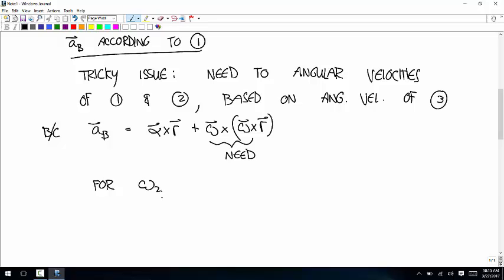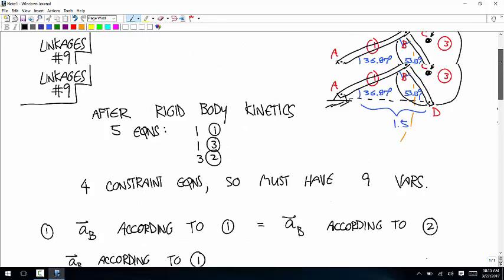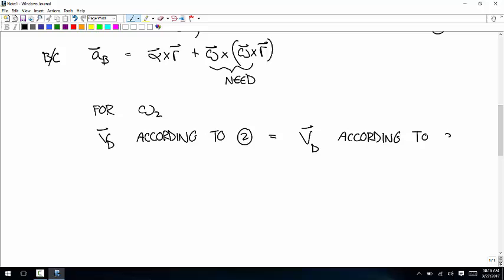for omega 2, here's what we know. The velocity at D according to 2 is equal to the velocity at D according to 3.